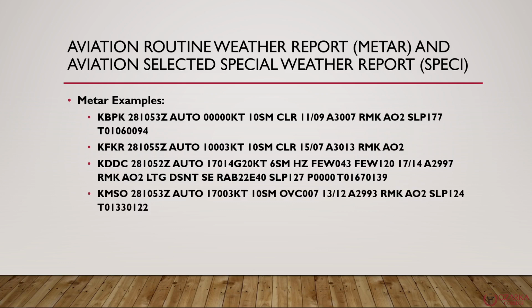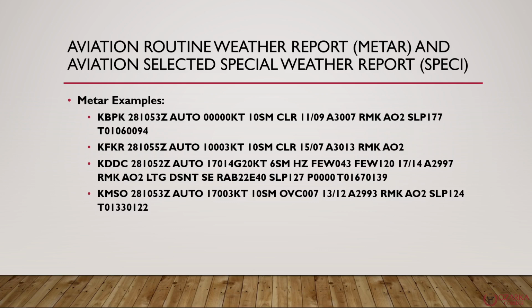So this METAR comes from the Mike Sierra Oscar Airport on the 28th at 10:53 Zulu. It is an automated weather report. The winds are 170 at 3 knots. There are 10 statute miles of visibility. There's an overcast layer at 700 feet. The temperature is 13. The dew point is 12.